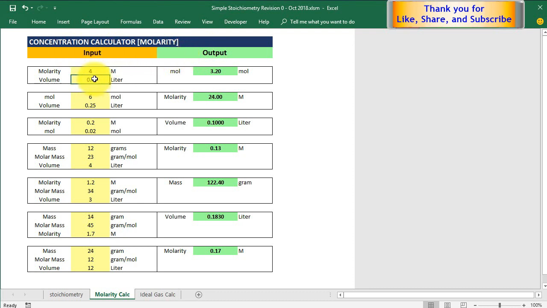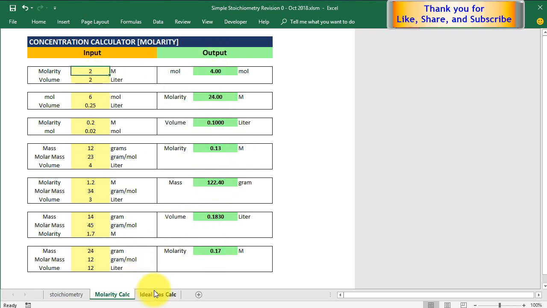Molarity, this is input equal to molarity 2 M, and the volume is 2 liters, and the mole is 4. You can choose which data we have and what output we expect.